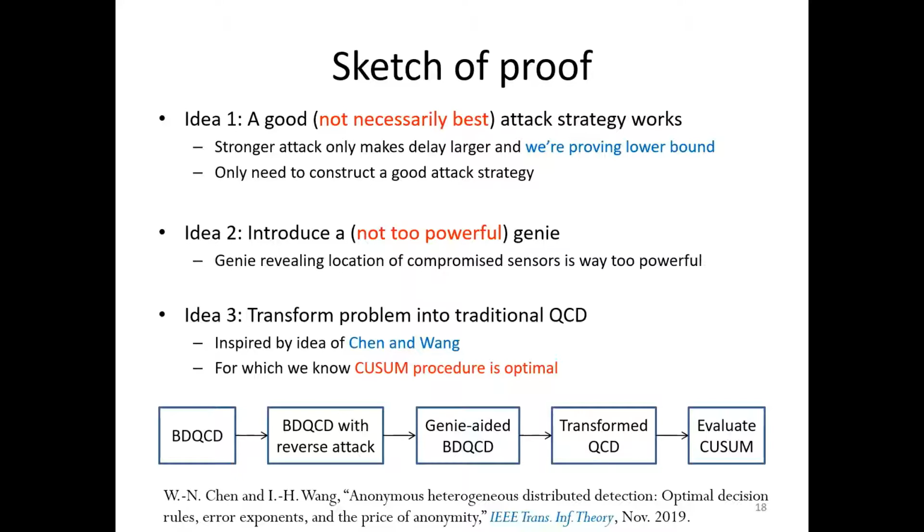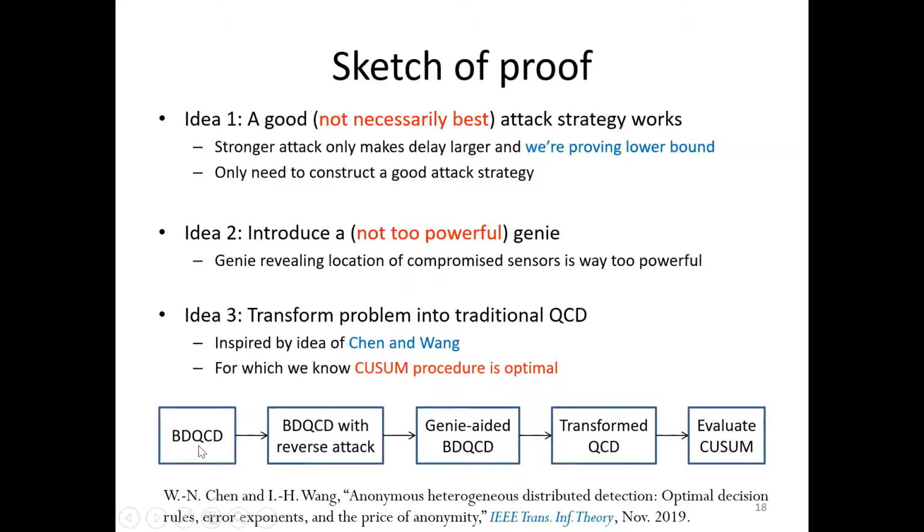But it turns out that this genie is way too powerful. Okay, so we introduce a genie that is not so powerful. Okay, and so yeah, this makes us to here. Okay, so we know that this genie-added BDQCD will serve as a lower bound for this, and that will serve as a lower bound for this.